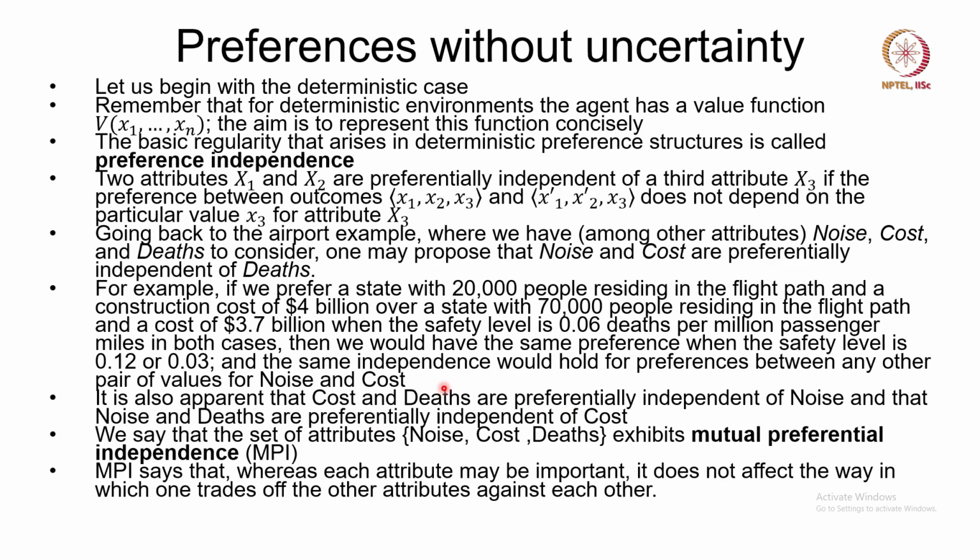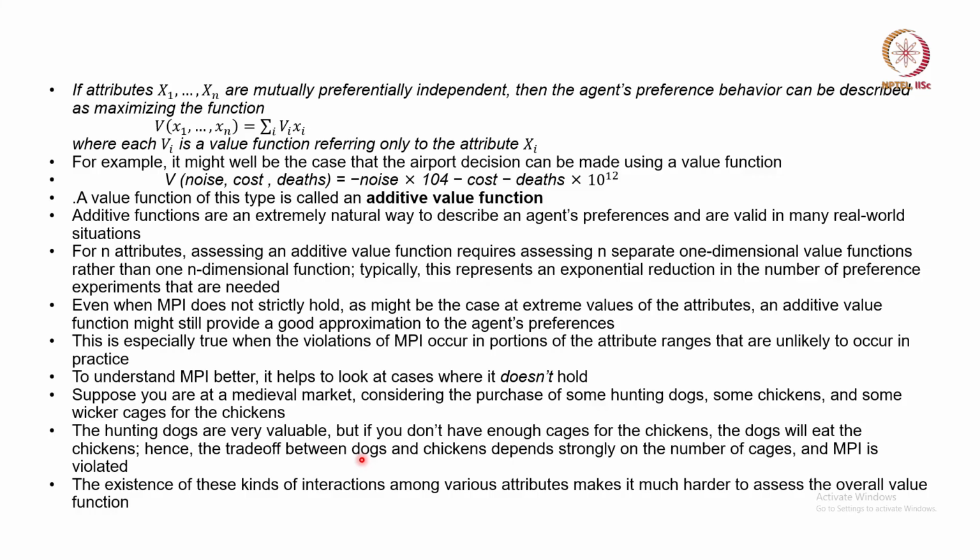Then you say that you have mutual preferential independence basically, which is called MPI. So if you have mutual preferential independence, then it makes it easier to work on these things because the attributes are independent of each other. Okay, they are not dependent on each other.